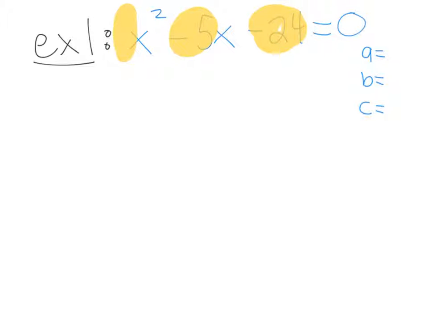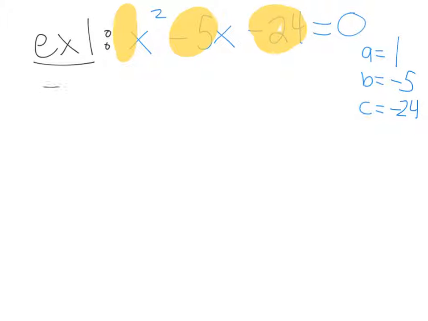So let's fill those in. My a is going to be a 1 because that's in front of my x squared. My b is a negative 5. And my c is a negative 24. It's really important to include the sign that's in front of those numbers when you're picking out your a, b, and c values.